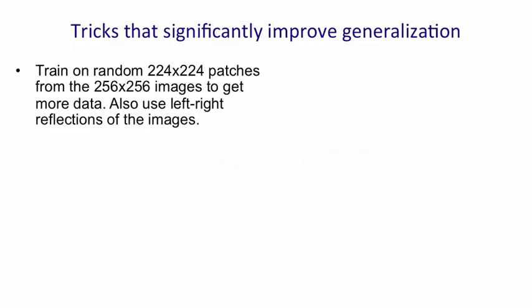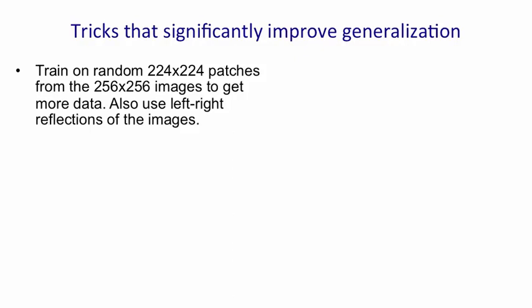There's other tricks that we use to significantly improve the generalization of this net. First of all, we use the trick of enhancing the data by using transformations. So Ilya Sutskever downsampled the images in the competition to 256 by 256, but instead of using those whole images, Alex Krizhevsky took random 224 by 224 patches from those images, which gave him hugely more images to train on and helped him deal with translation invariance.